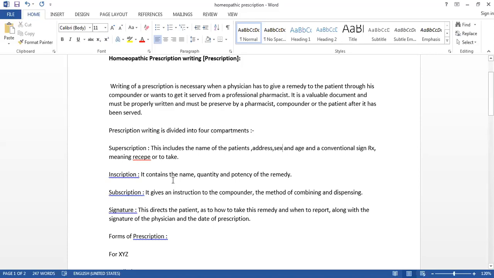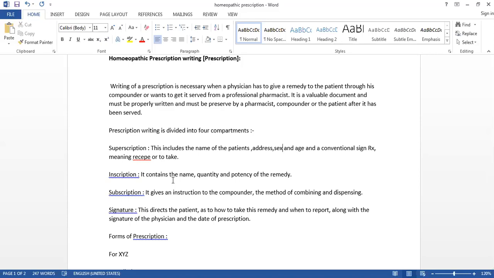This is important, or it is known as the body of the prescription, because here you are mentioning the name of the medicine, which medicine you want to give to the patient. So the name of the medicine, potency of the medicine, quantity of the vehicle, all these things you are mentioning in the inscription.